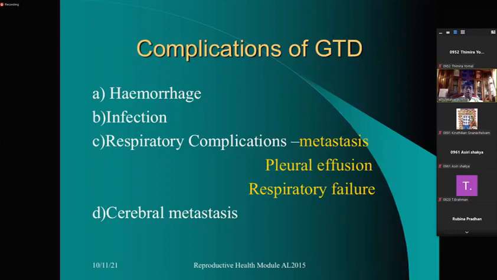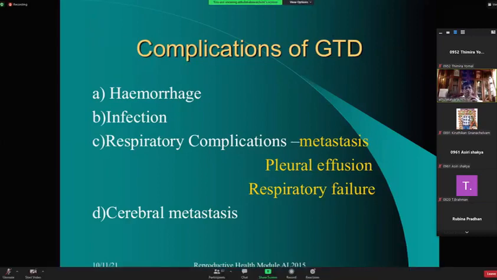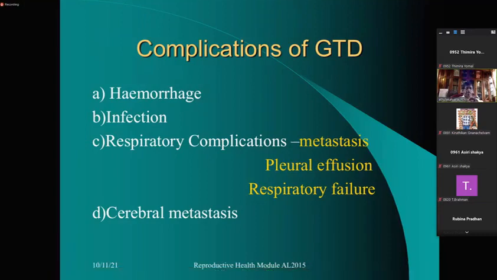Now, rarely, this invasive trophoblastic tumor, which is a choriocarcinoma, of course, can give rise to complications. When it invades the uterus, it can erode into the serosa, it can start bleeding into the serosa and create a hemoperitoneum.